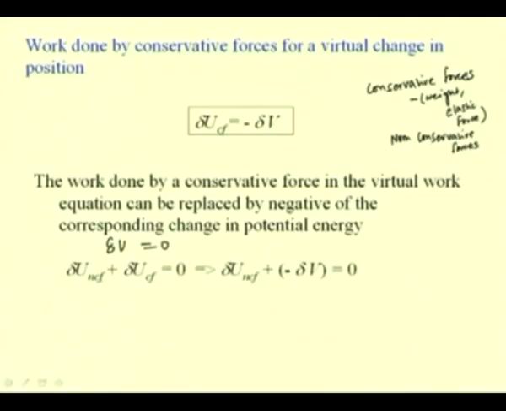We have delta U non-conservative force plus delta U conservative force equal to 0, and this work done by the conservative force is replaced by the negative of the potential energy change of the system, that is minus delta V. This is nothing but the potential energy change for the given virtual displacement. In other words, delta U non-conservative force is equal to delta V, or the virtual work done by the non-conservative forces is equal to the change in potential energy for the given virtual displacement.